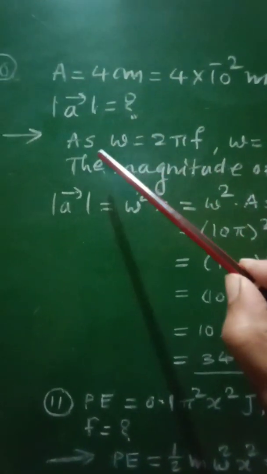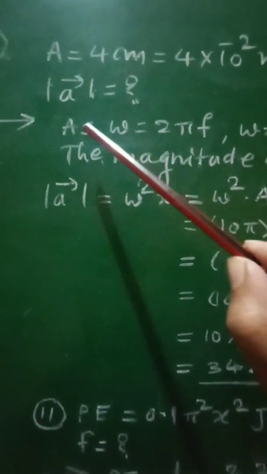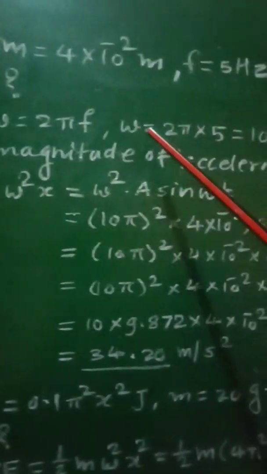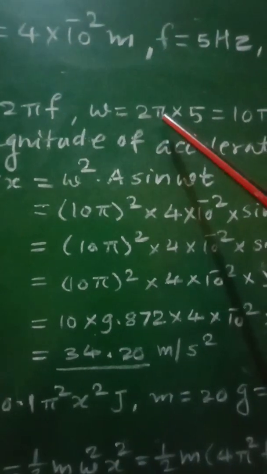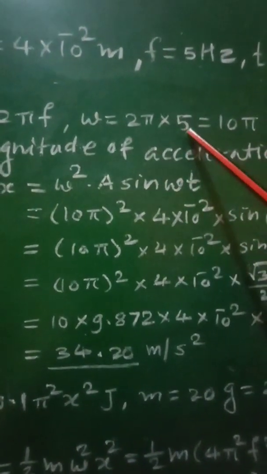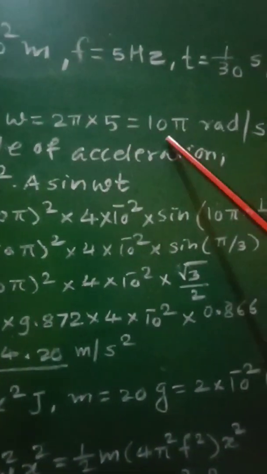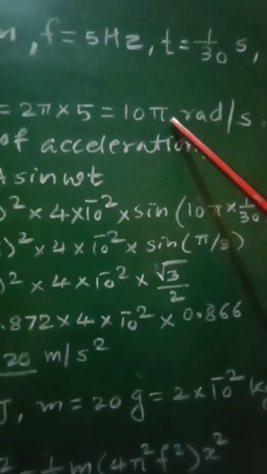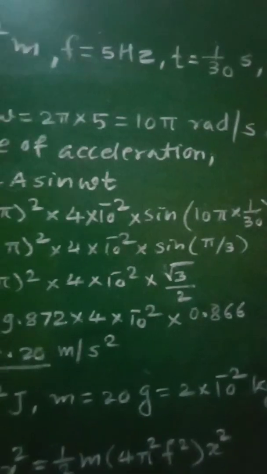Now we know that omega equal to 2 pi f, therefore omega equals 2 pi into 5, which is 10 pi radian per second.